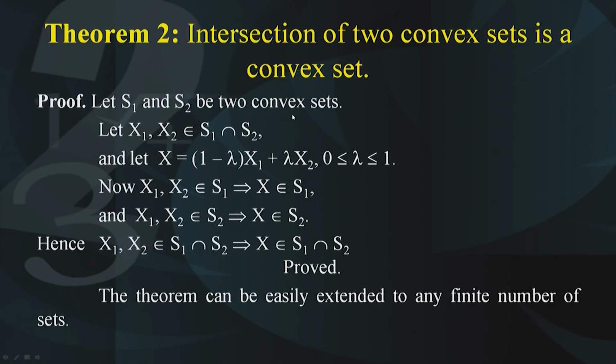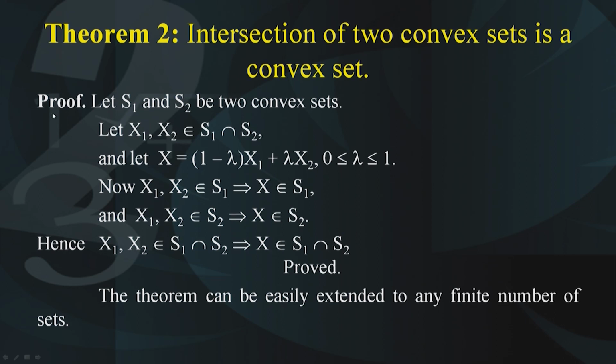Now, let us look at another theorem, theorem number 2. It says that the intersection of two convex sets is also a convex set. This is exactly the same example that we have just now done. We would like to prove it. So, how to prove it? Let S1 and S2 be two convex sets and we will take any 2 points, let us say x1 and x2 belonging to the intersection, and we need to show that the convex linear combination of x1 and x2 should belong to the intersection.